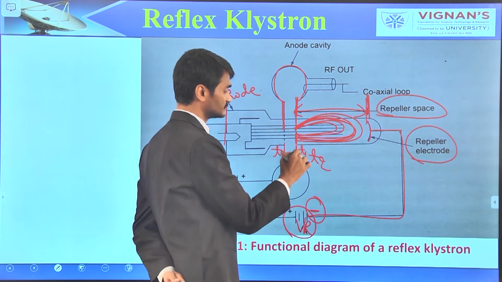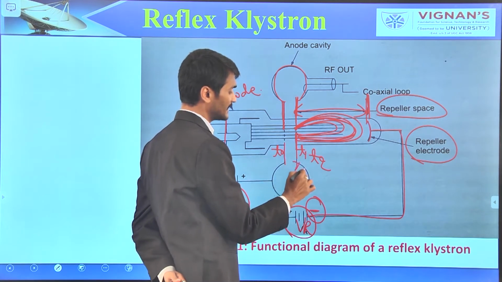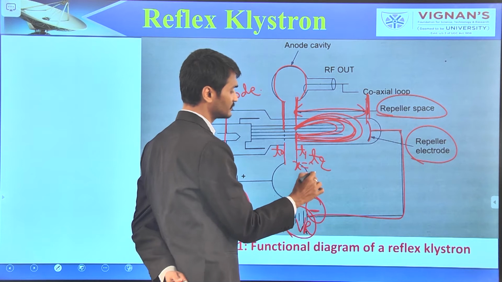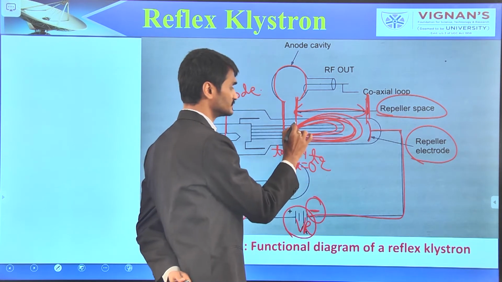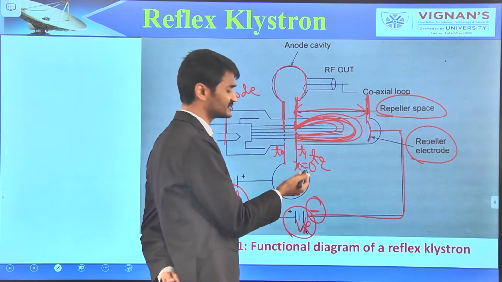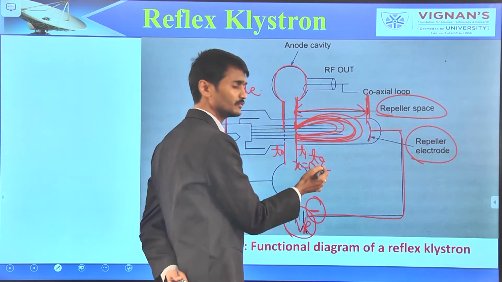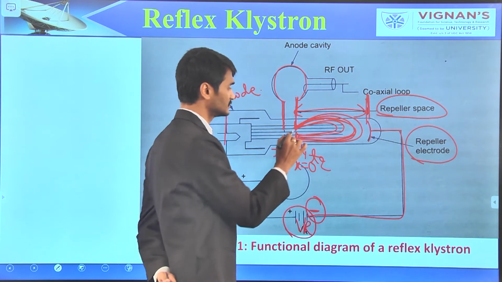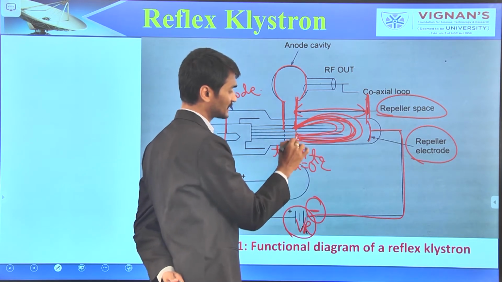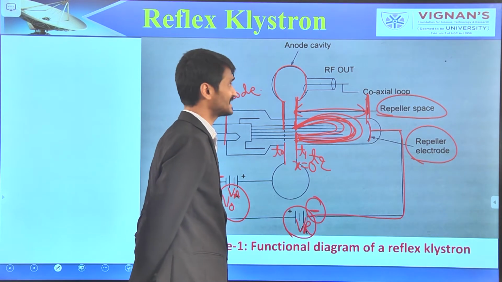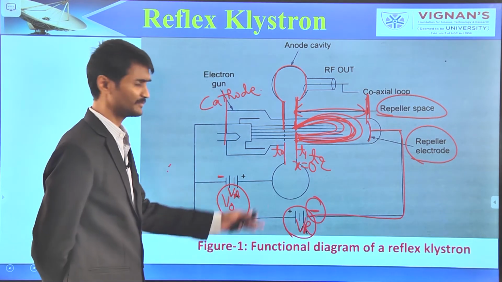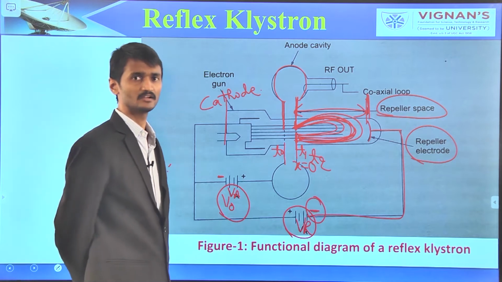The displacement of the electron at the cavity I am considering as x, and it will be 0 for both T1 and T2, because the electron is reaching the cavity gap, that is the anode cavity gap. So this is the basic operation of the reflex klystron oscillator.